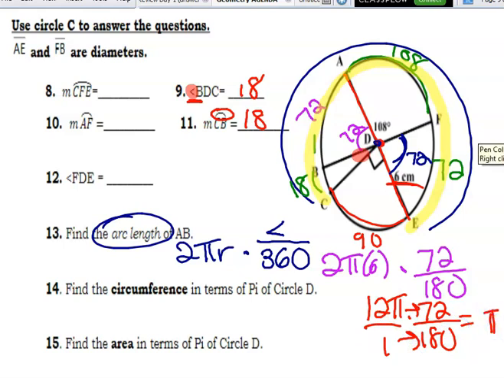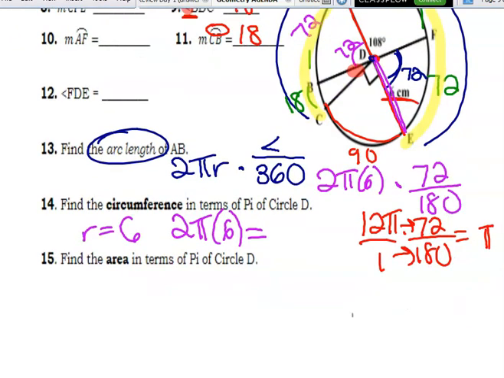All right, find the circumference in terms of pi of circle D. Well, the radius is 6 because it's right there. So 2 pi times 6, so 12 pi. Okay, find the area in terms of pi. Well, the area is pi r squared.